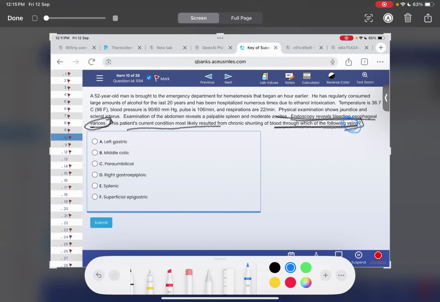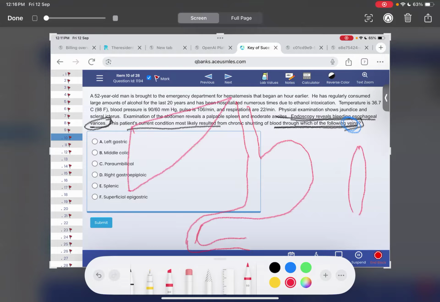For example, this is your esophagus. Stomach over here. First part, second part, and third part. Spleen over here, liver over here. Let's discuss the point so that we remain in this concept.